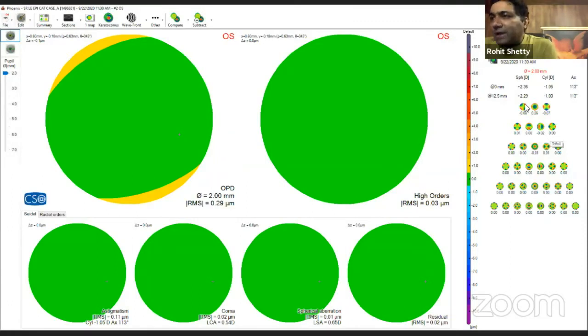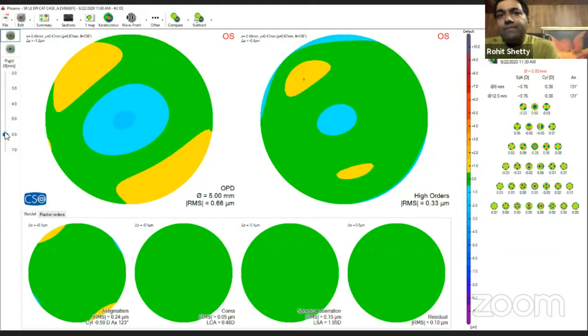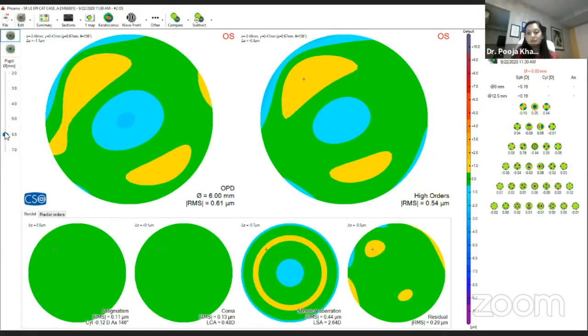I don't know what was put, let's assume he's a multifocal. Then he suddenly goes to the dark, or he looks straight, and his pupil is 6 millimeters. Go to 6 millimeters. Now suddenly his vision drops.